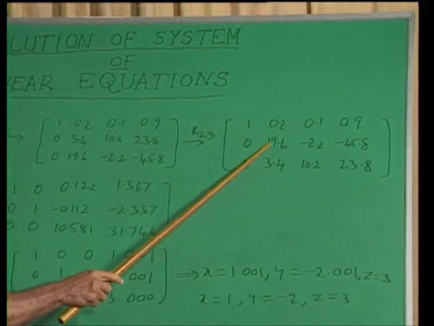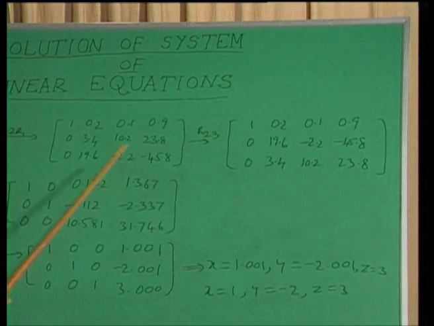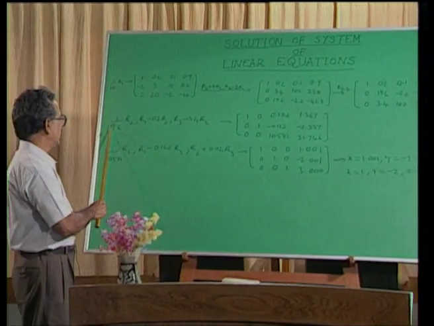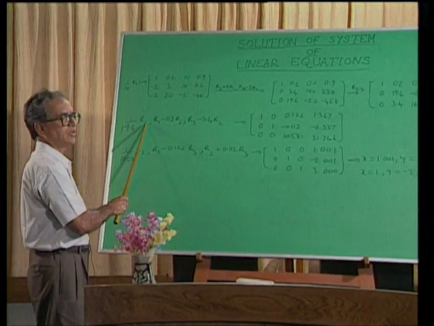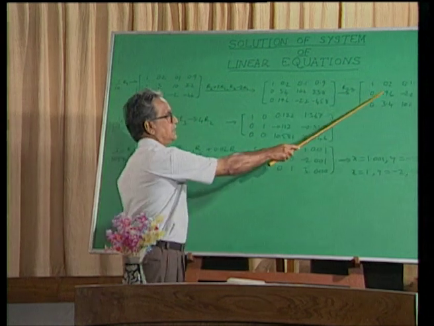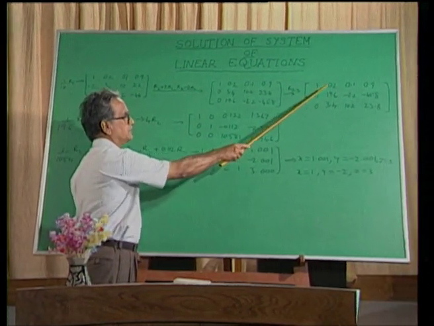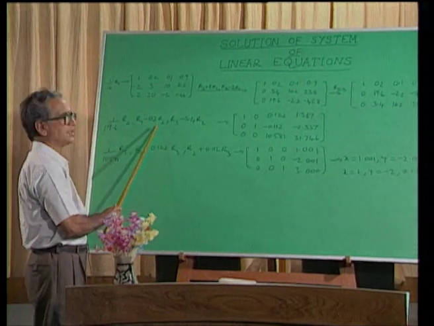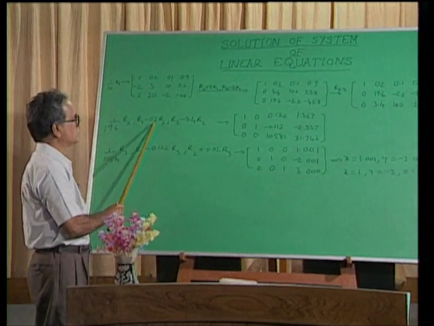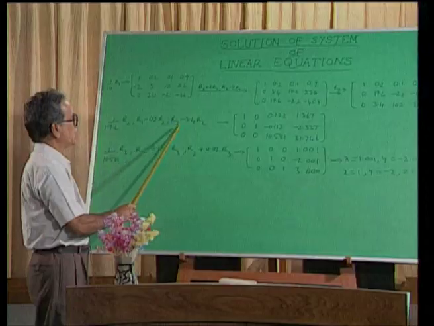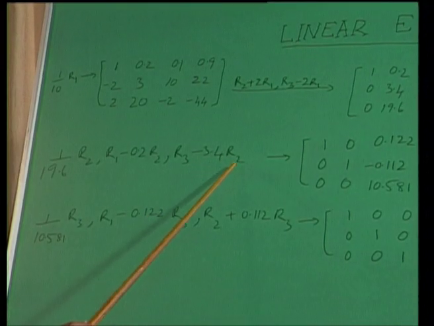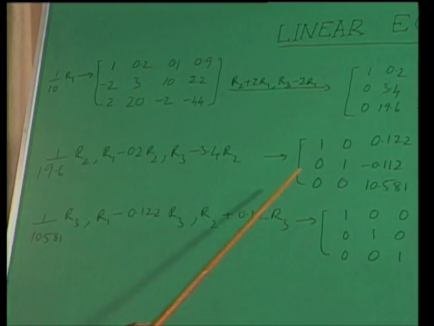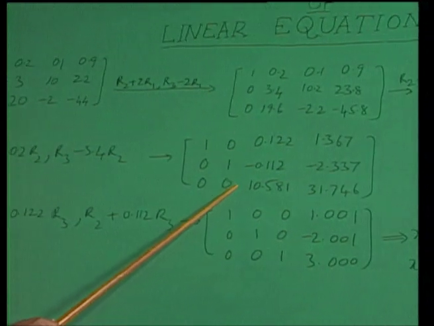We make the second row pivot 1 by applying the elementary operation 1/19.6 into R2. Using 1 in this position, we will make this element and this element zeros by making the elementary operations R1 minus 0.2 into R2, R3 minus 3.4 into R2 in this order, thereby we get this matrix.